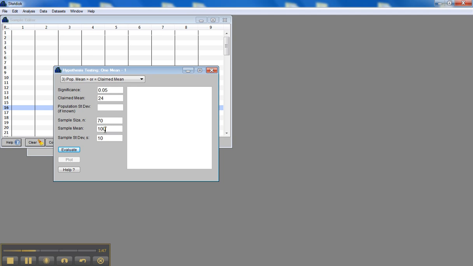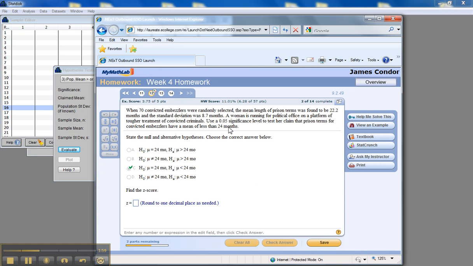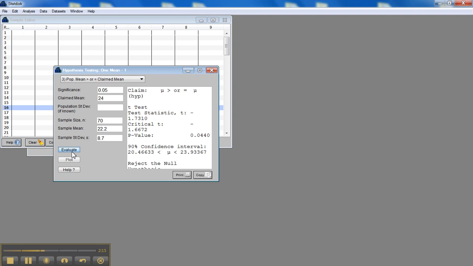Sample mean was 22.2, and the standard deviation was 8.7. So once we get that information out of the problem, we're going to hit evaluate.